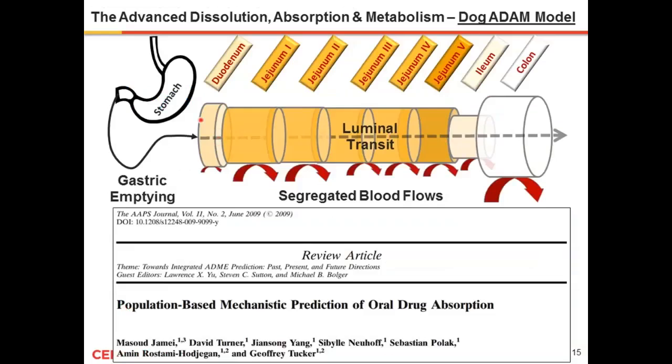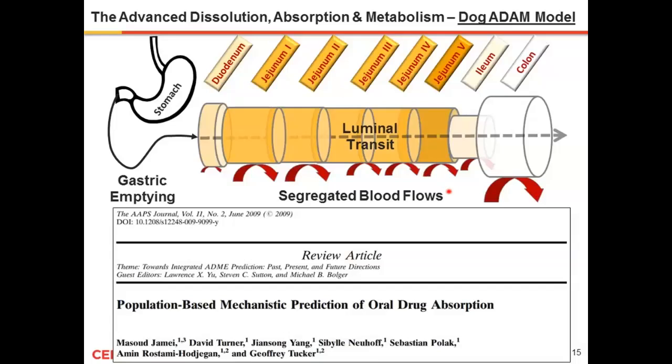This schematic here represents the dog ADAM model. The jejunum consists of 5 parts, and there is 1 duodenum, 1 ileum and 1 colon. The jejunum is divided into 5 parts because the dog jejunum is much longer compared to the other GI segments. And of course, each of these compartments has its own segregated blood flows, etc.